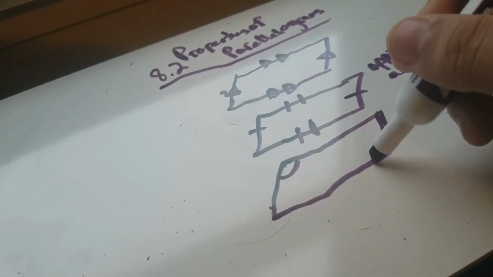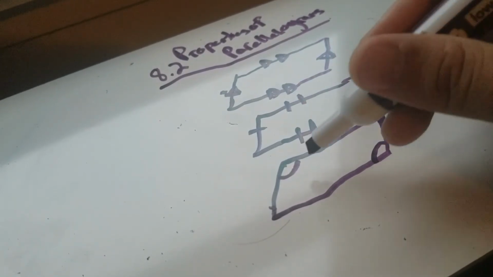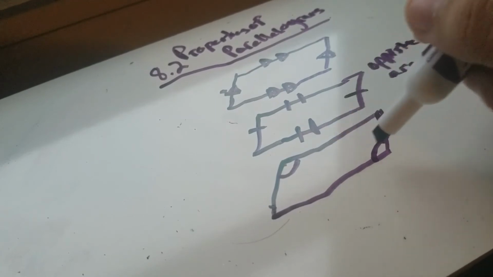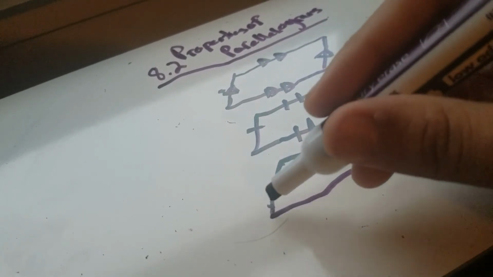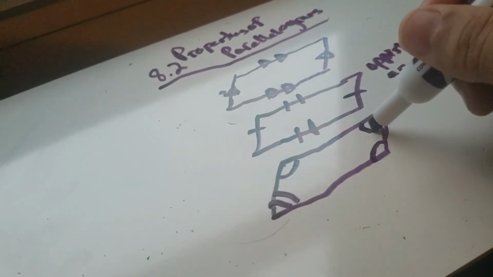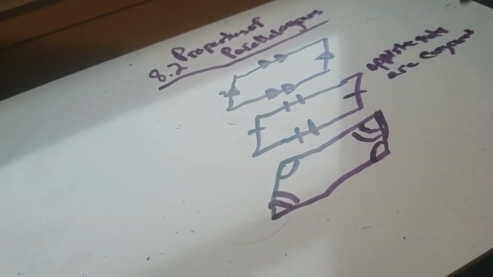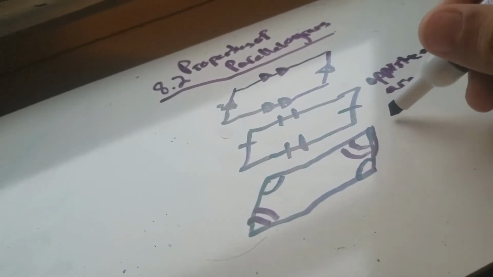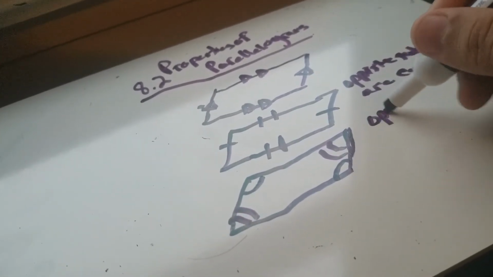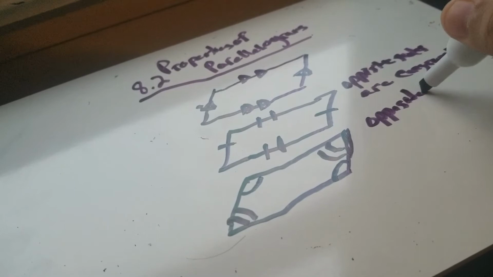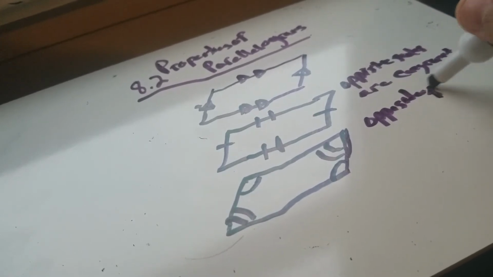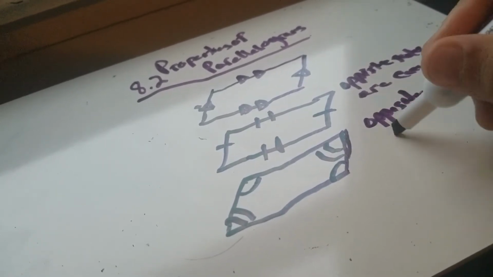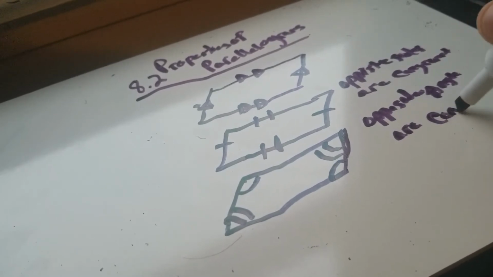This angle and this angle, so the opposite, the diagonal angles, however you want to say it, are congruent. So since it's a parallelogram, you could also say opposite or diagonal angles, whatever you want to call those two types of angles, are congruent.